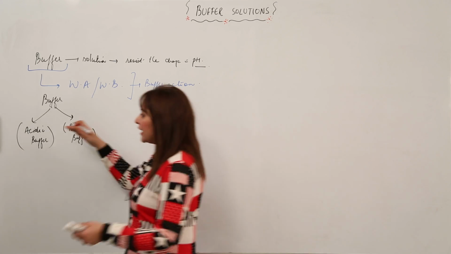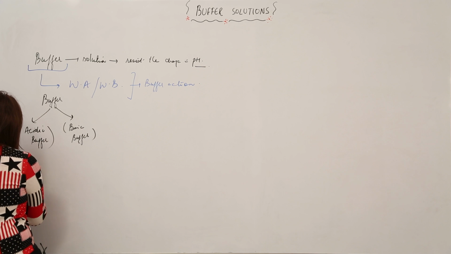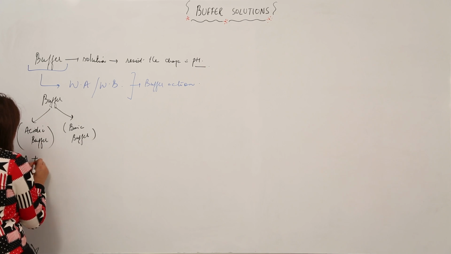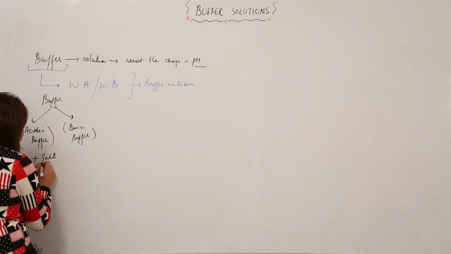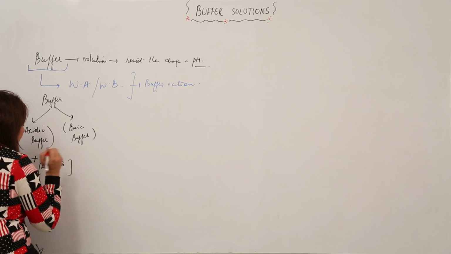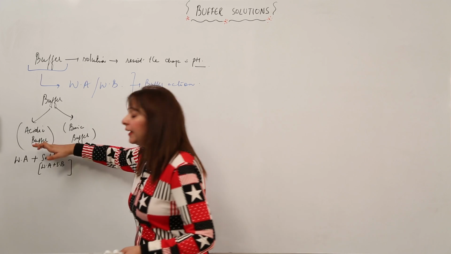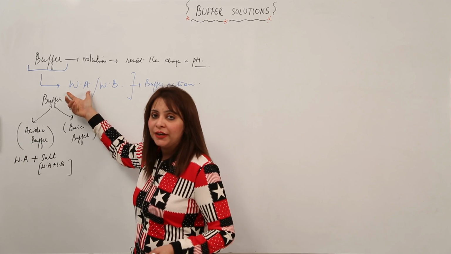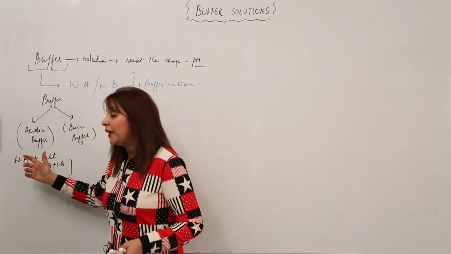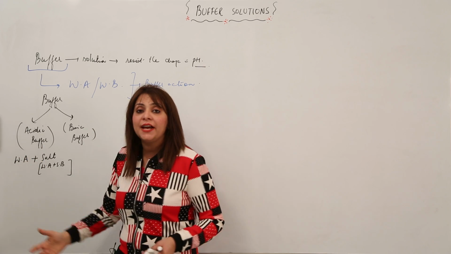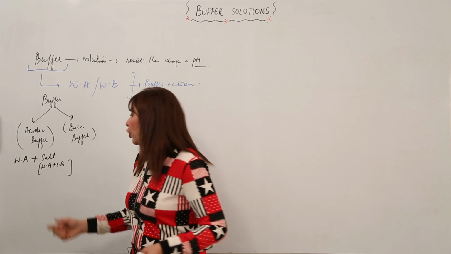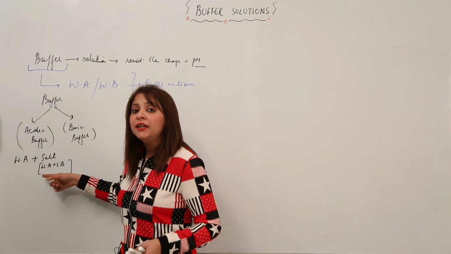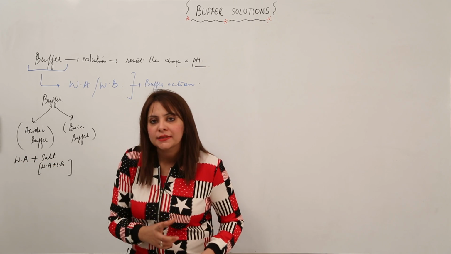So what does this acidic buffer contain? It contains the weak acid, plus the salt which is formed of weak acid plus strong base. As I told you, acidic buffer is that which contains the weak acid, and along with the weak acid it has the salt, and that salt is formed of this same weak acid combined with some strong base, right?